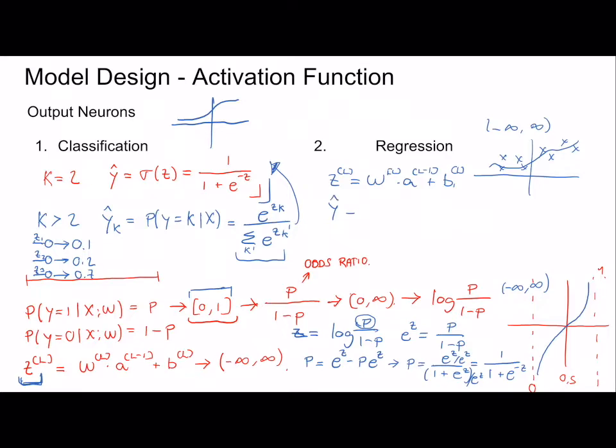I can just have the identity here, because this value takes any value between minus infinity and infinity. So this essentially matches what I need. I don't need to apply any transformation. This is actually pretty useful, because I don't need to think about any activation function anymore.